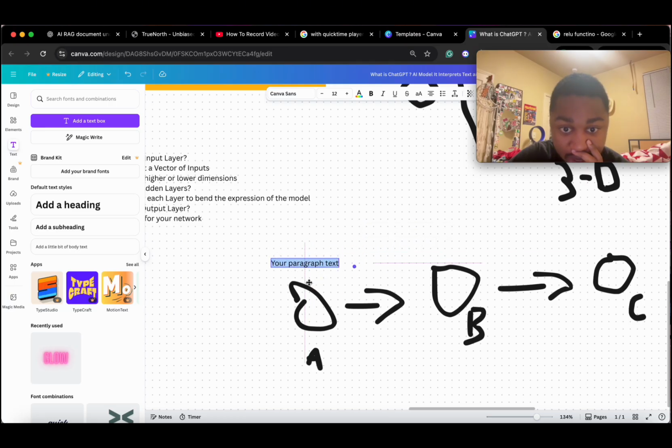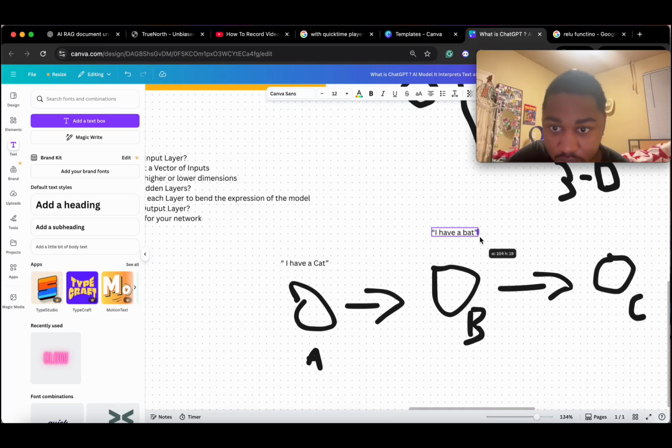So let's just say I have a cat, and it could then transform to be... sorry. How do you move this? Okay. I have a bat, right?